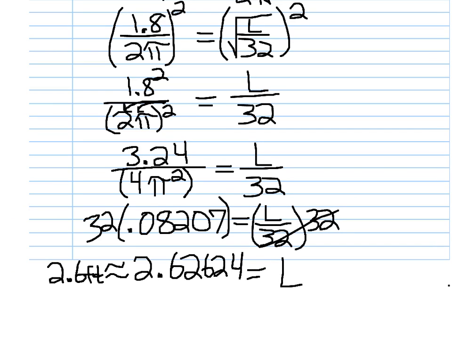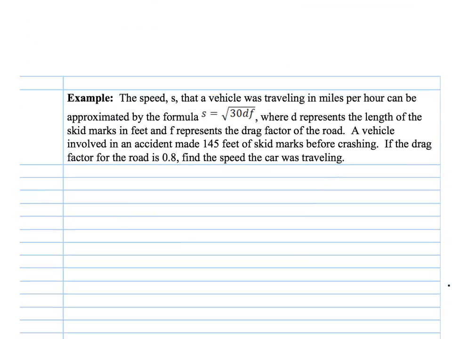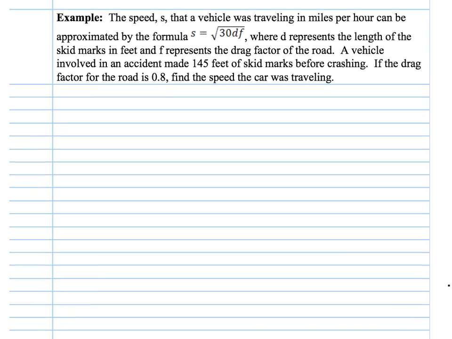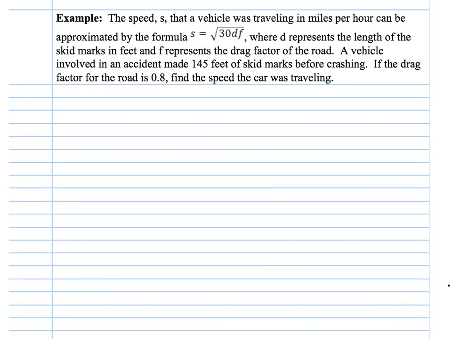Now we're going to look at one other example that doesn't have anything to do with a pendulum, but it does have to do with a formula dealing with square roots. It says the speed s that a vehicle was traveling in miles per hour can be approximated by the formula s equals the square root of 30 d f, where d represents the length of the skid marks in feet and f represents the drag factor.